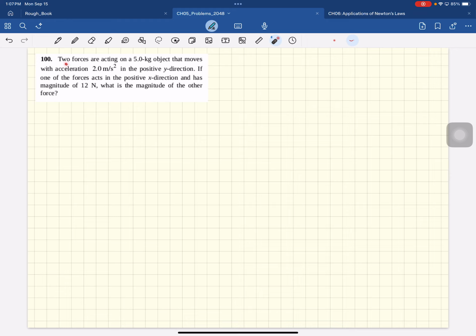So this problem says two forces act on a 5 kg object that moves with an acceleration of 2 meters per second squared in the positive y direction. Okay, so the object is accelerating in that direction.